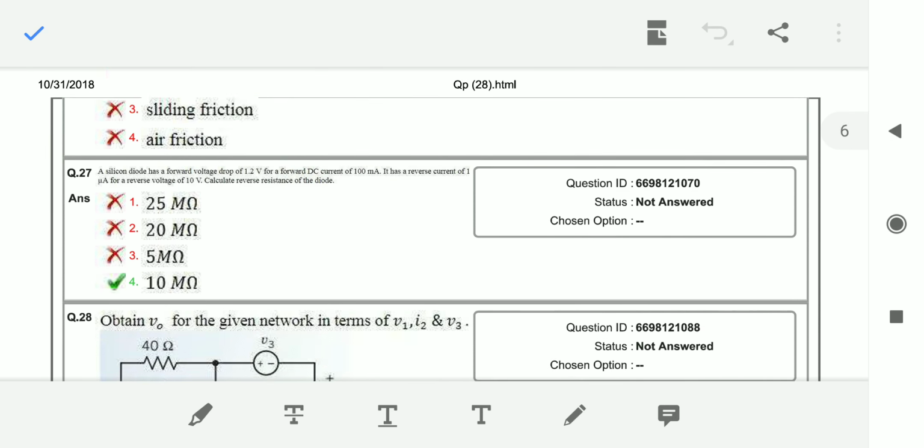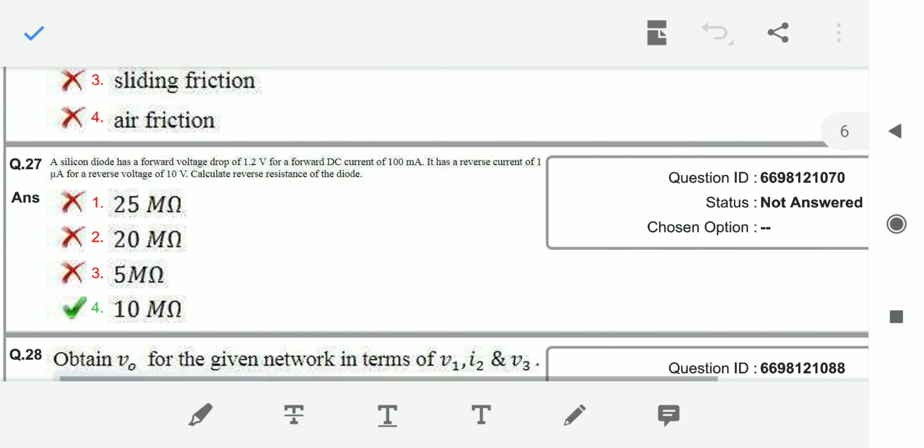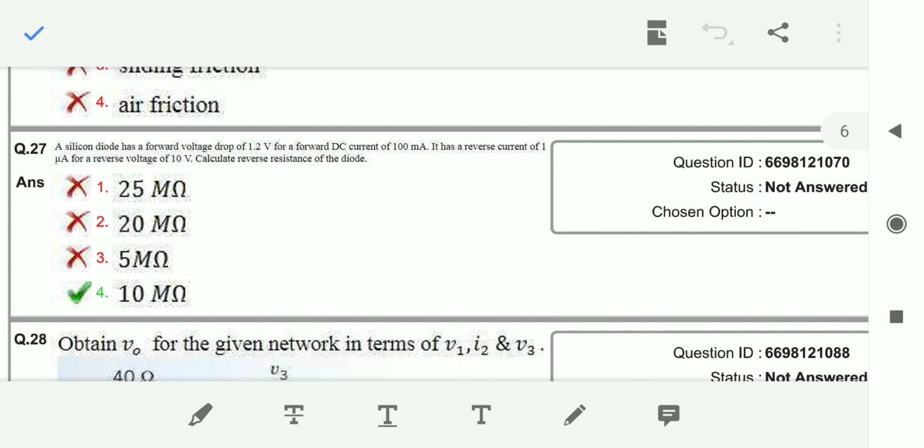Coming to question number 27: a silicon diode has a forward voltage of 1.2 volts for a forward DC current of 100 milliamperes, it has a reverse current of 1 microampere and reverse voltage of 10 volts. Calculate the reverse resistance of the diode.